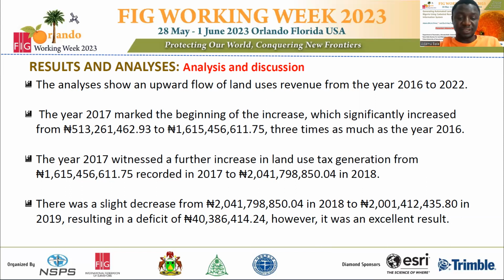The year 2018 witnessed a further increase in land use tax generation from 1.6 billion recorded in 2017 to almost 2 billion recorded in 2018. There was a slight decrease from the 2 billion in 2018 to a figure also around 2 billion in 2019, resulting in a deficit of almost 40 million.